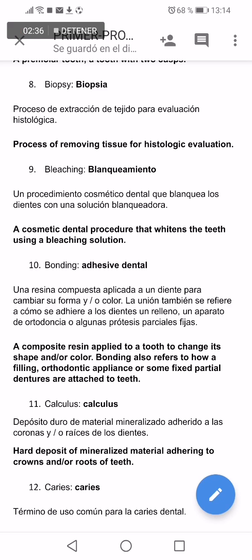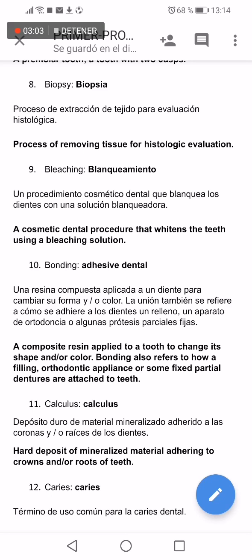Bleaching, blanqueamiento: a cosmetic dental procedure that whitens the teeth using a bleaching solution. Bonding, adhesivo dental: a composite resin applied to a tooth to change its shape and or color.